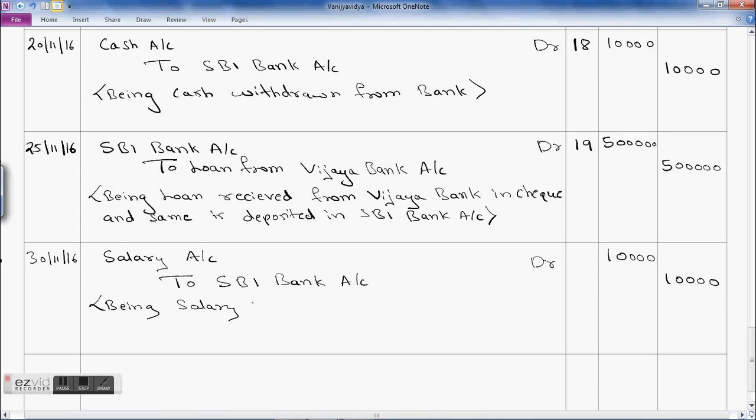Salary transferred to Anil and Sunil. Okay, what is the transaction number? Transaction number is 20. Okay, now we'll see the next transaction.